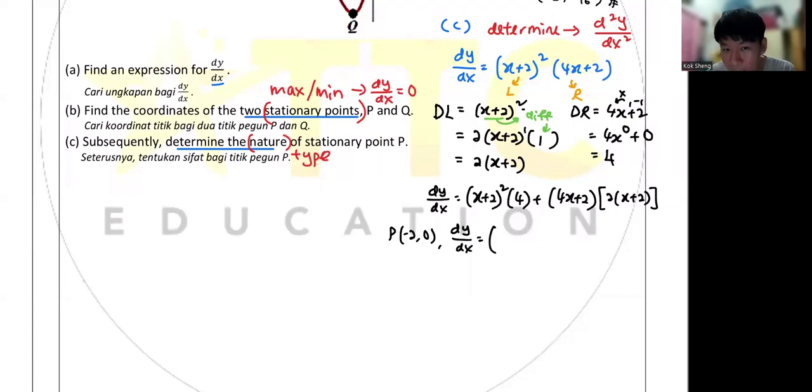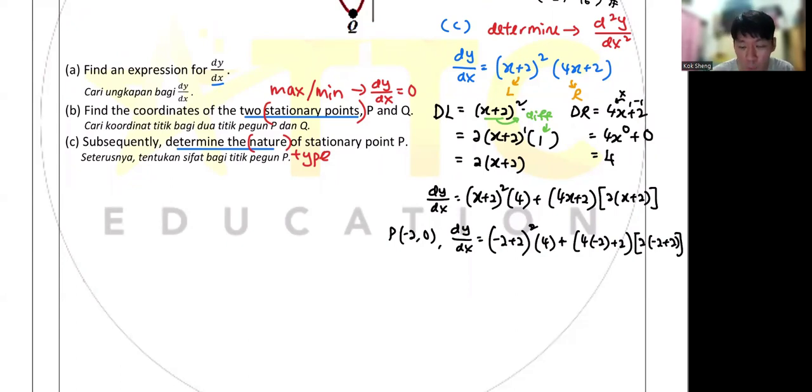Of course, just sub the x. The y equals 0, no need. The answer is so weird.